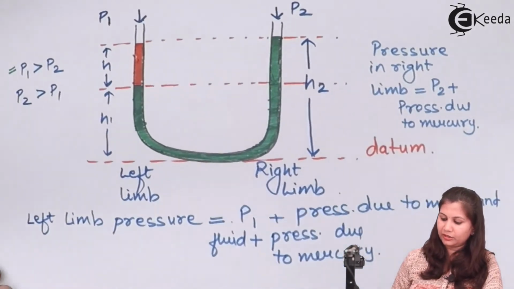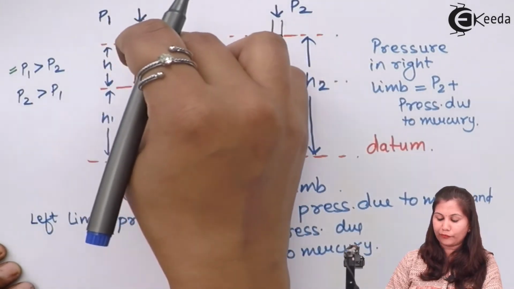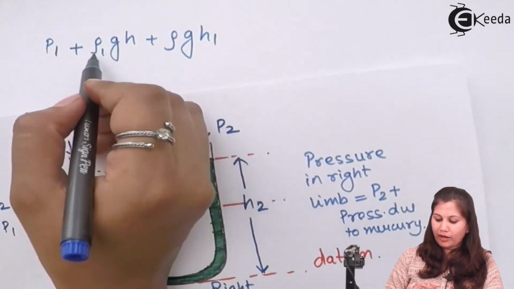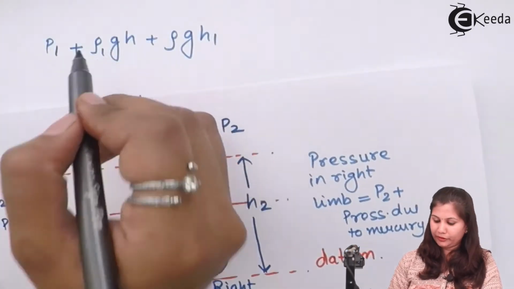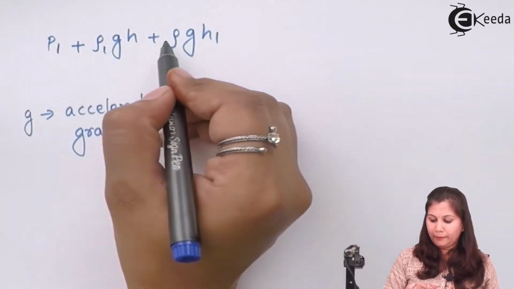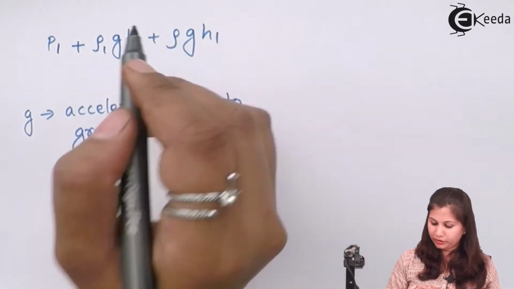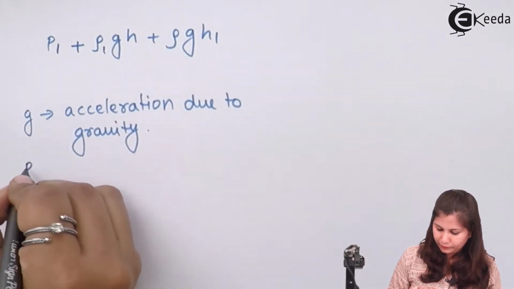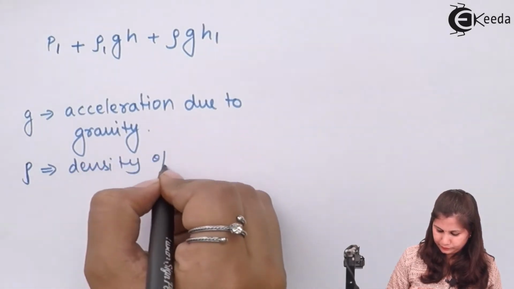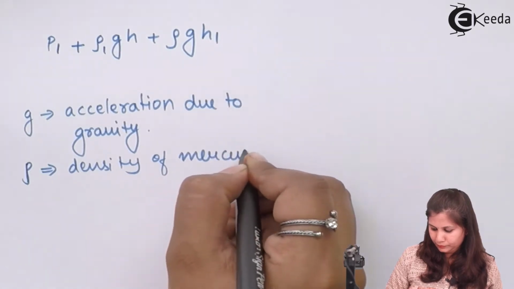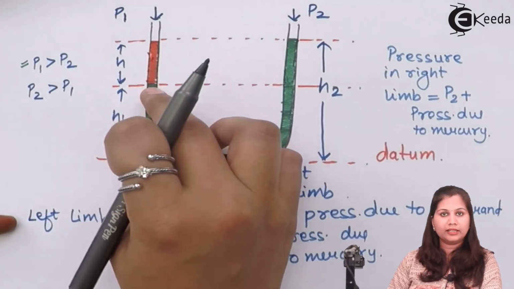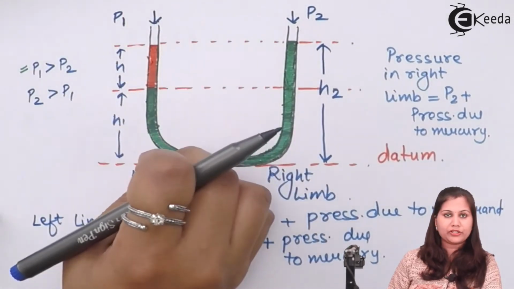You can see in the diagram that H is the height of the measuring fluid whose pressure we want to measure, and rho 1 is the density of that fluid. So rho 1 GH will be the pressure, plus rho is the density of mercury, and H1 is again the height of the mercury in the left limb. So that is the total pressure in the left limb.